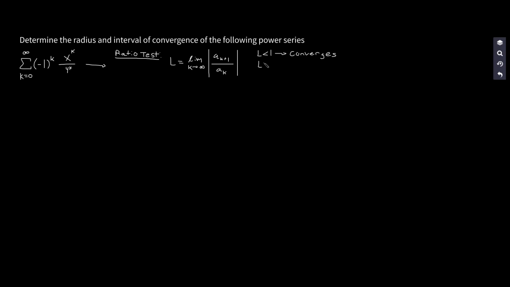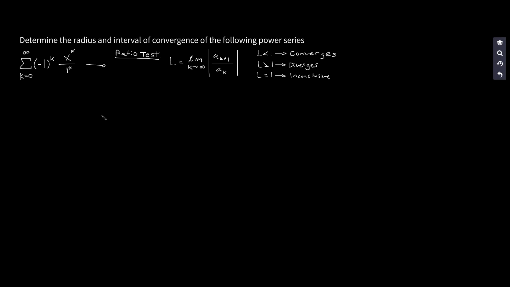But then if the limit is greater than 1, the series diverges. And then if the limit equals 1, then the test is inconclusive. And so that's going to be the ratio test.